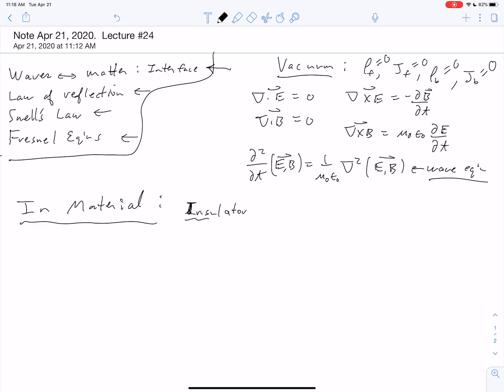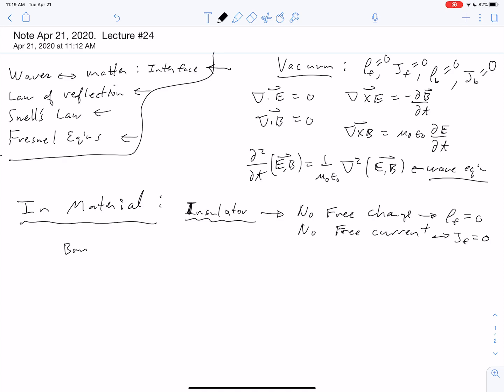In an insulator, there's a dielectric, there's no free charge, and there's no free current, because it's an insulator. So no free charge means rho free equals 0 and J free equals 0. But we can have bound charge and current.